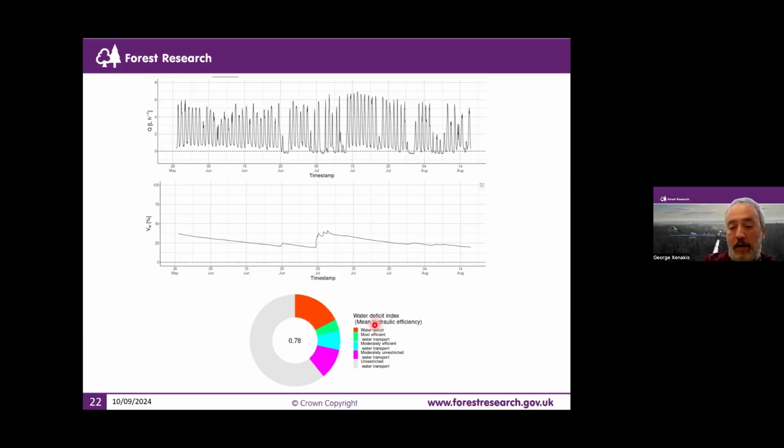And this water deficit index, for this particular tree, tells me that there is a lot of water uptake. You can see it can go up to 6 liters per hour, but the amount of water that there is in the soil is sufficient to support that water uptake from the tree.